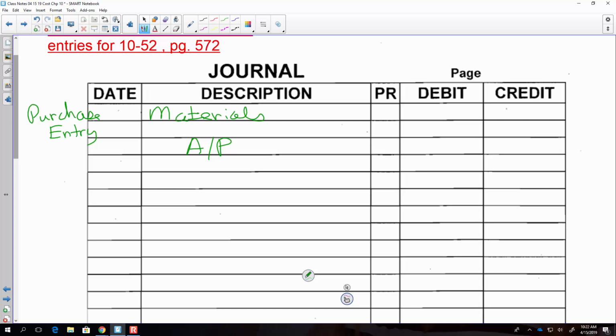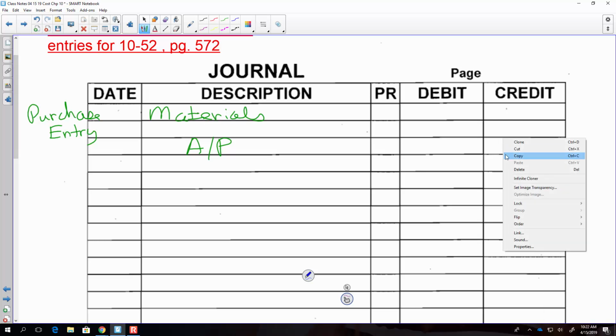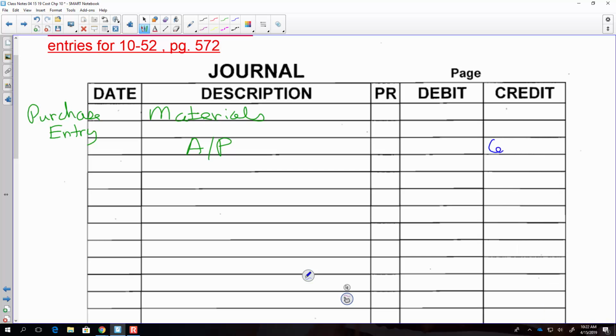Let's put our amounts in. What did we pay our vendors?